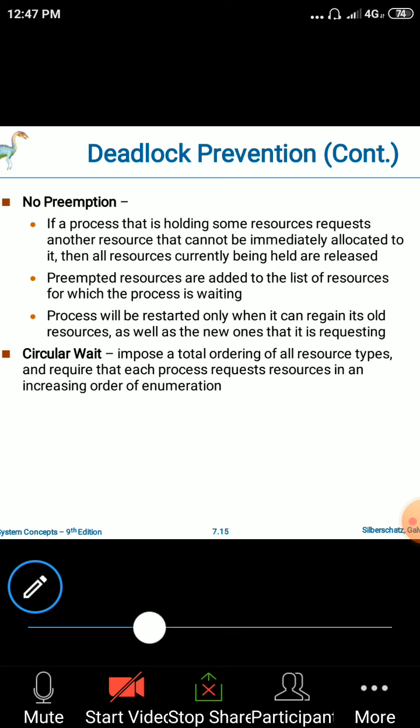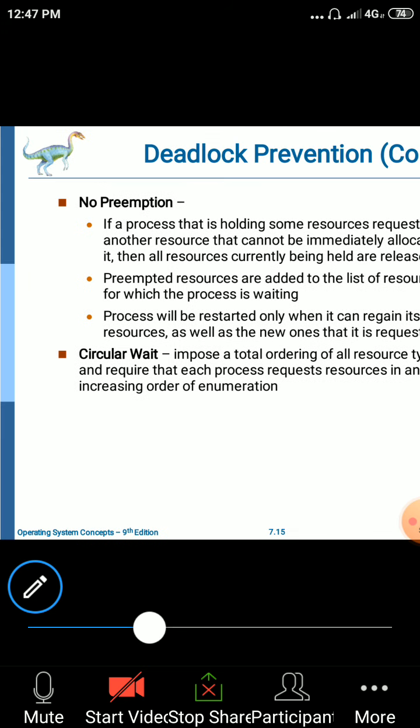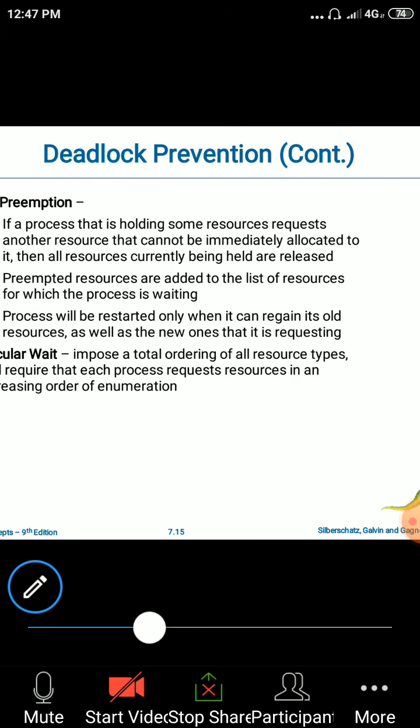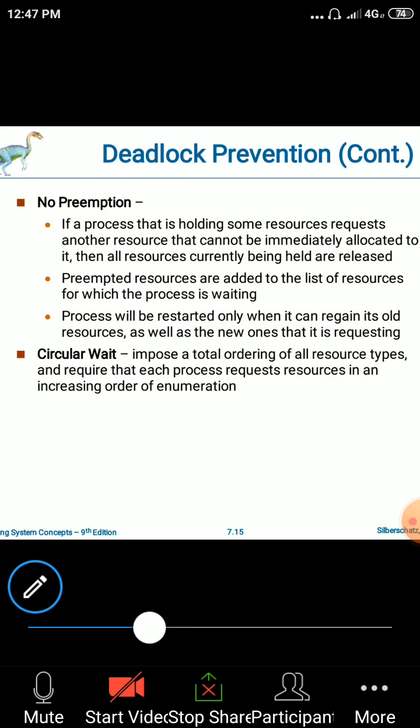If one of the conditions doesn't hold, then the deadlock will never occur. In this way we are preventing the deadlock by not satisfying one of its characteristics. If we avoid circular wait, no preemption, mutual exclusion, or hold and wait, then the deadlock will never occur.